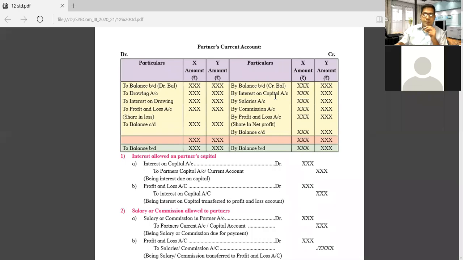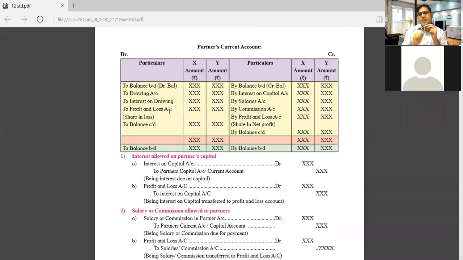So whatever amount is received by the partner from the partnership firm is credited to the partner's current account. And whatever amount is incurred as expenses is debited. Drawing is a personal expense of the partner, so it is debited. Interest on drawing, which is on personal expenses, is also recorded on the debit side.